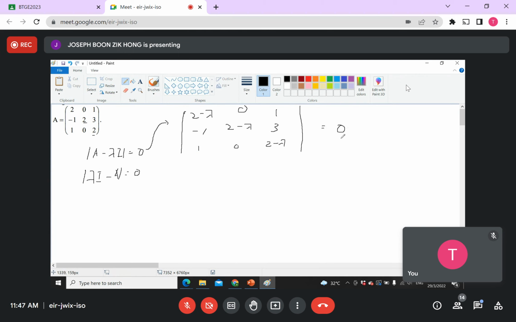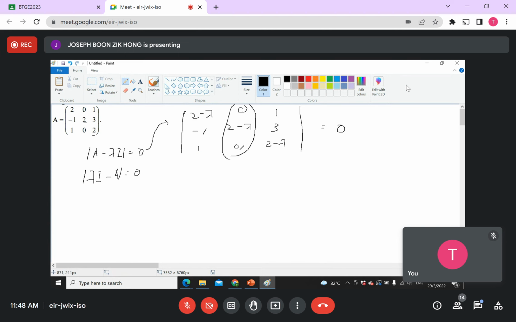So how are we going to get the modulus? Normally we choose any row or any column, up to you. Maybe I take this row, so I will have 2 minus lambda. Normally we take the row or column with 0. Sorry, I don't take that one. I prefer to take this one. Why do I take this one?